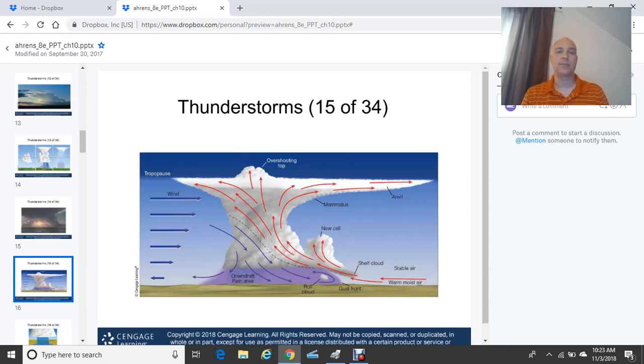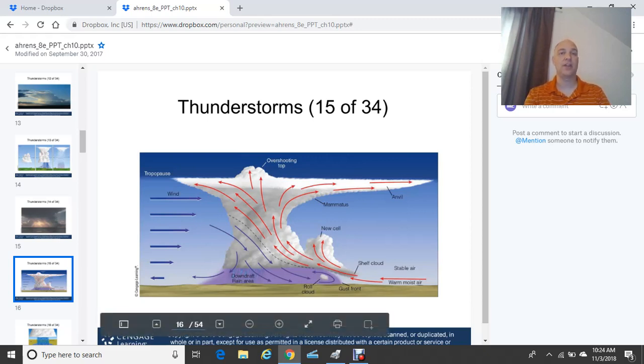Overshooting tops: sometimes updrafts are so strong at the top of the thunderstorm cloud that they basically push through the tropopause into the stratosphere, and that's known as an overshooting top. That indicates very, very strong updrafts, or rising air motion, within a thunderstorm cloud.